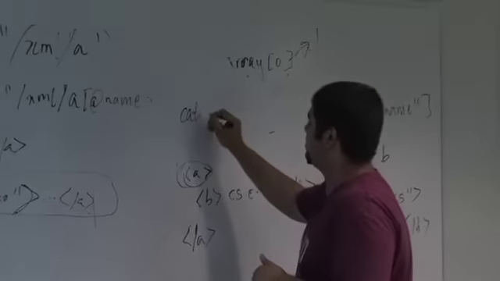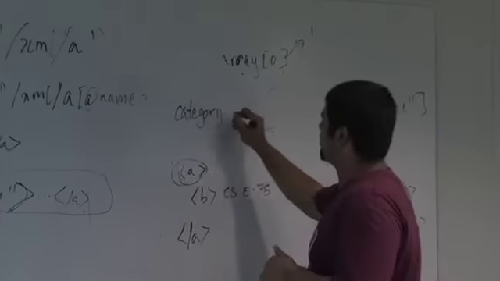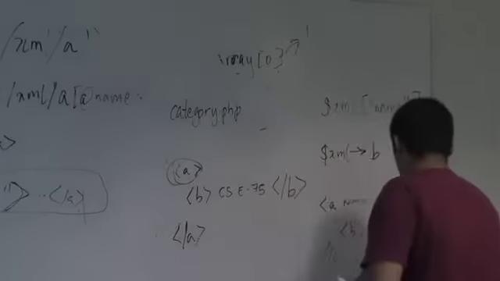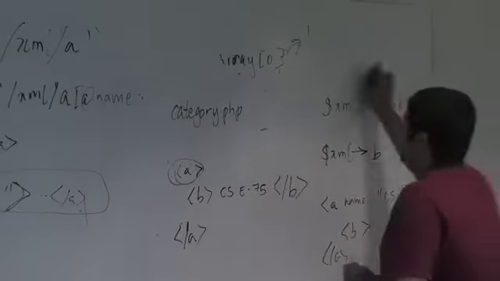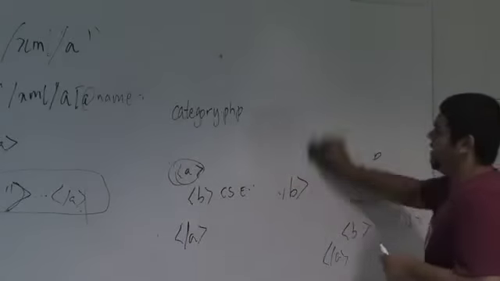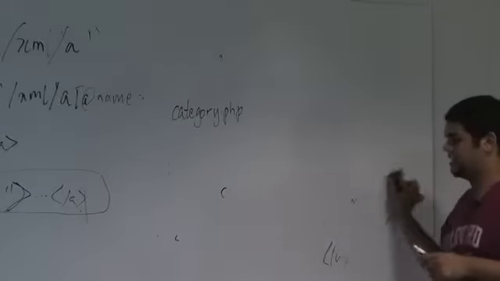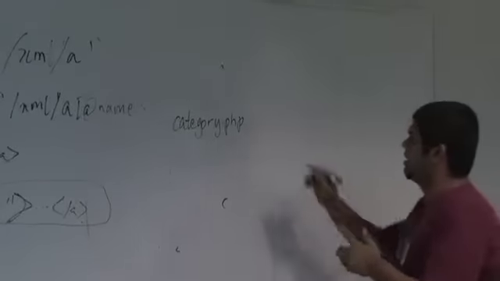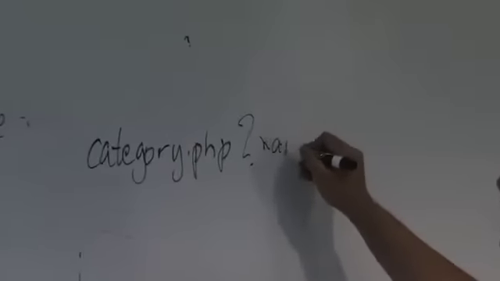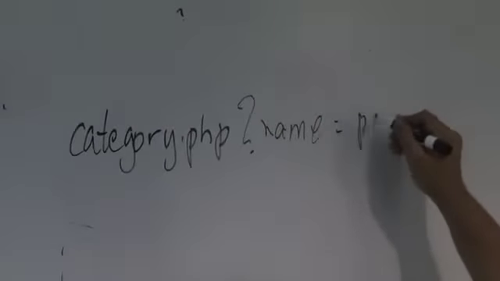So the way to solve this problem is to treat it like this. All you need is an actual category.php page. Once you have this page, you can pass it the name of a category.